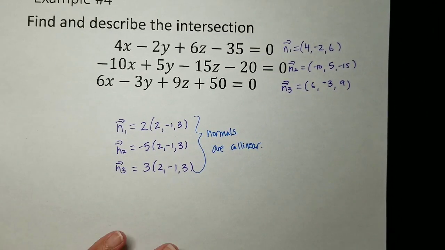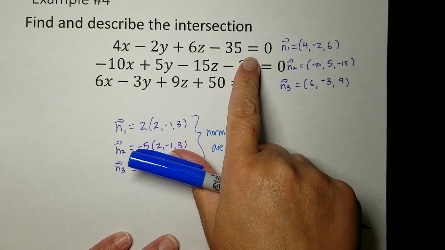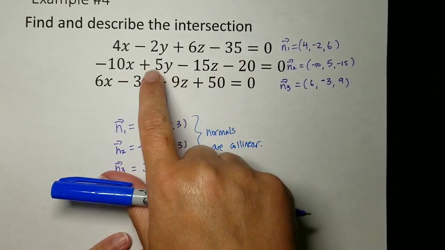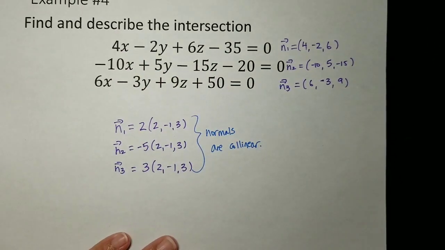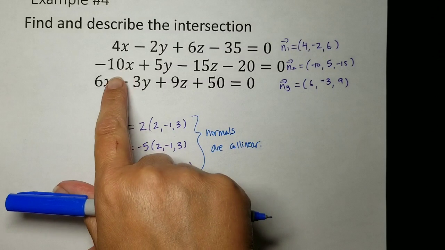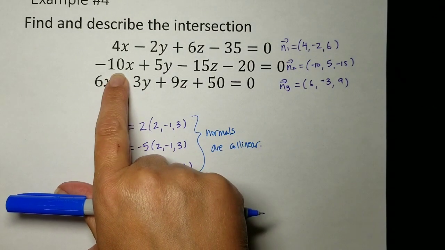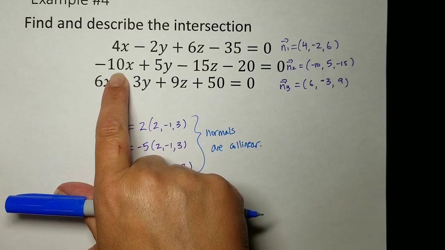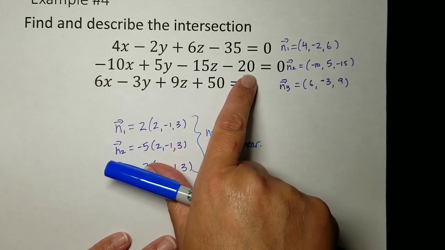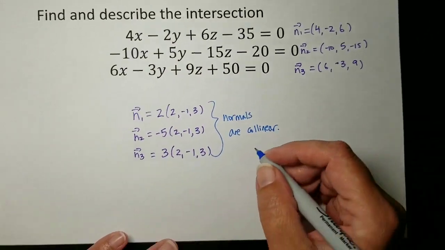And we just have to confirm, are these written in standard form? Could you divide out and rewrite these equations in a better form? Here we could divide this by negative 5 to put that in standard form.